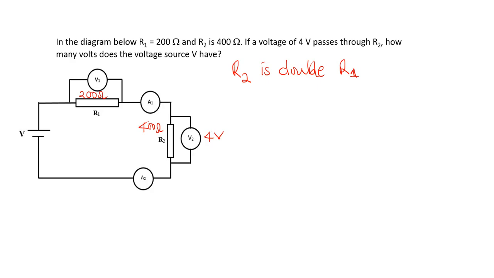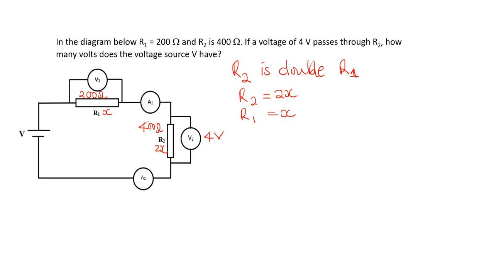That's what it means. So what does it tell us? It tells us that R2 is 2x, then R1 is x. So what you want to do is you can put x here and 2x here.